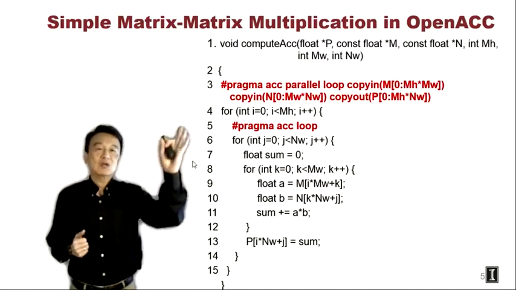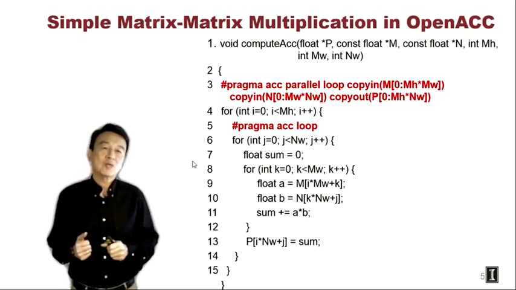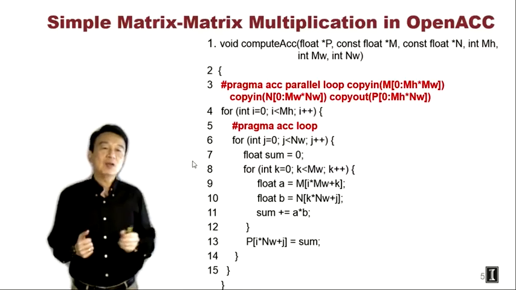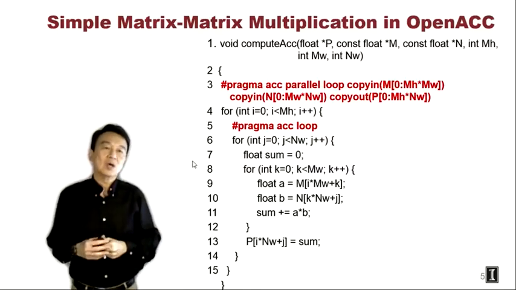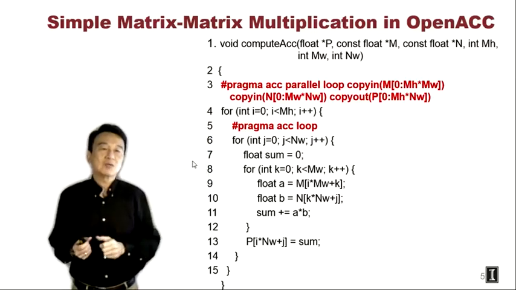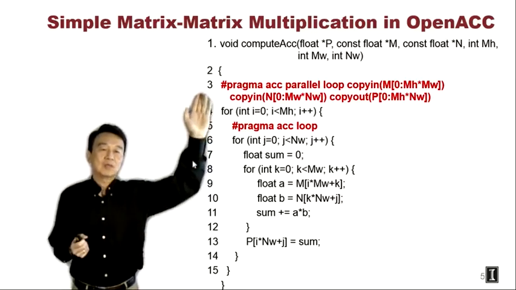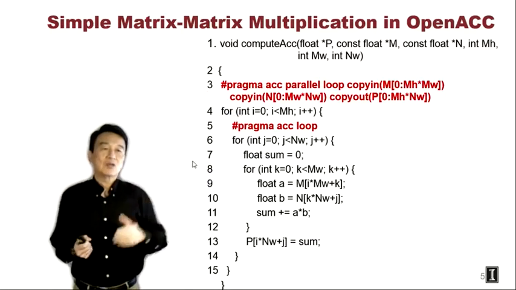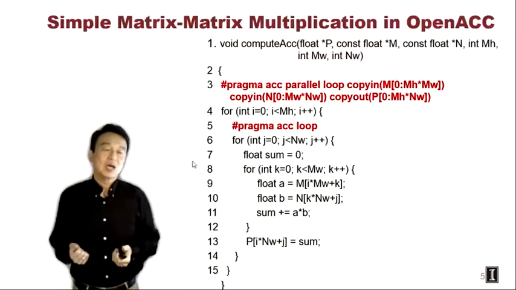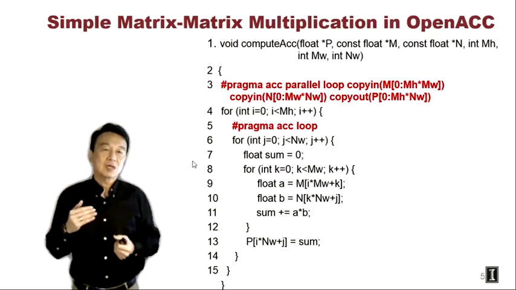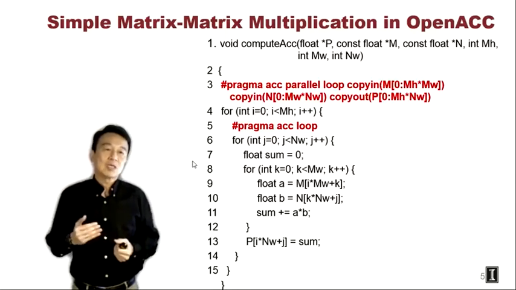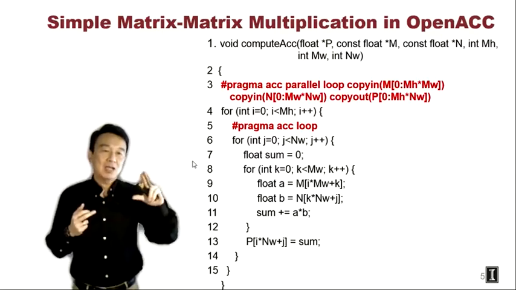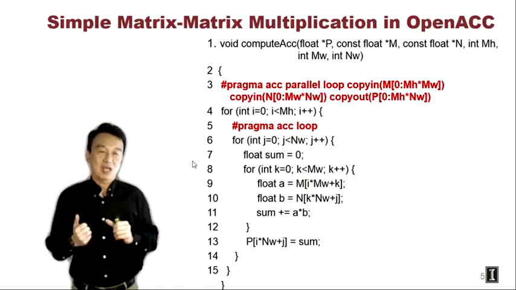Here we show a very simple matrix multiplication code in OpenACC. The function is just like the host code, where we have a function that receives parameters: pointers to the output matrix, the two input matrices, and the height and width of the matrices. The M matrix is m height by m w, and the height of the N matrix must be the same as the width of the M matrix.